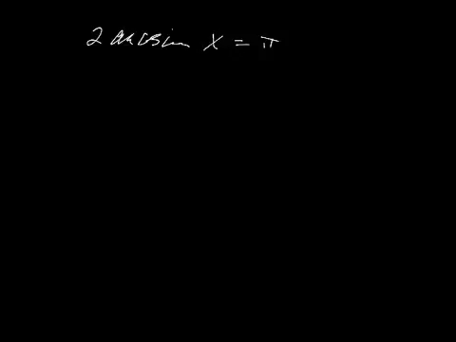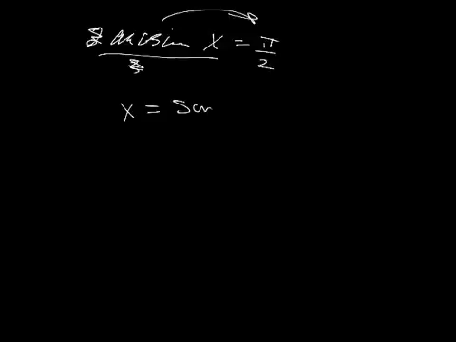So what we're doing here is solving for x again. In order to do that, we're going to first of all divide by 2. That gets rid of that, and that gets rid of that. So now we have the arc sine of x equals pi over 2. What we're going to do is move the arc sine across the equal sign. And remember, when we do that, it just changes to sine instead of arc sine.